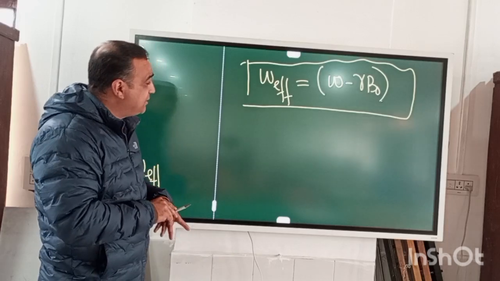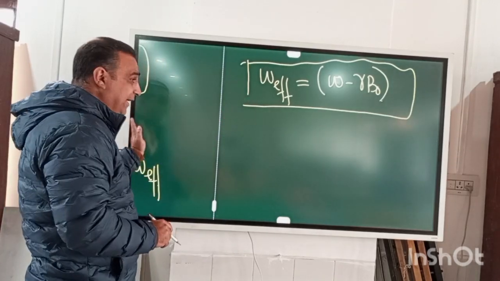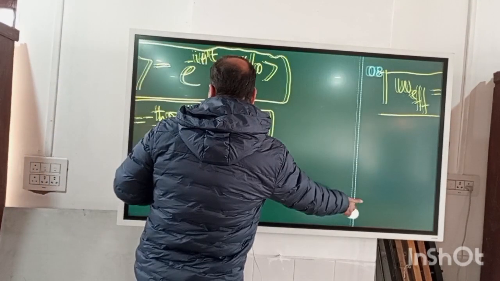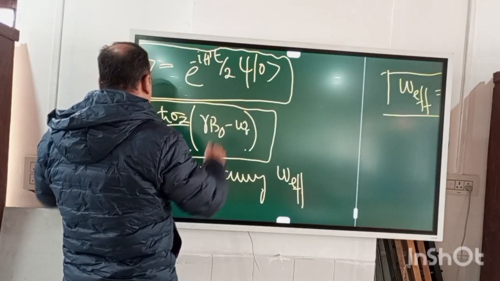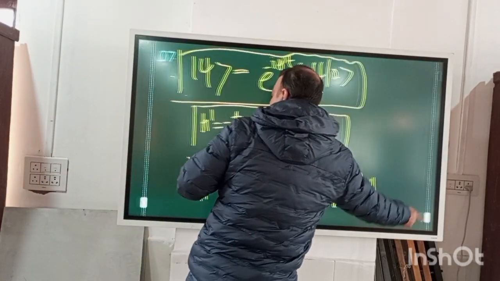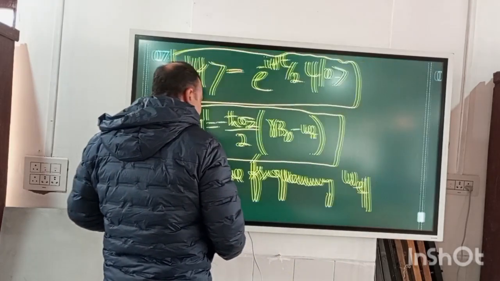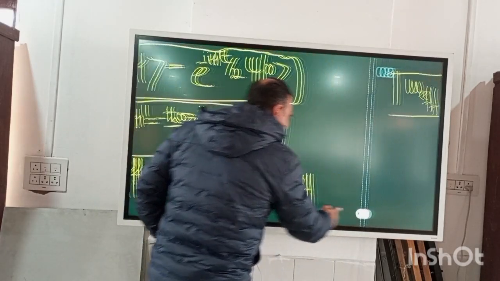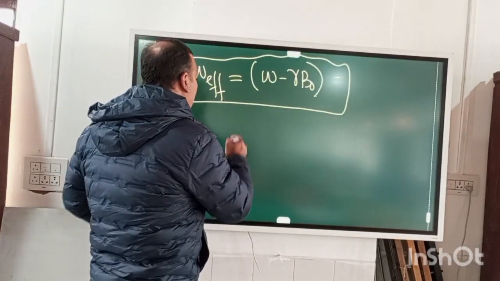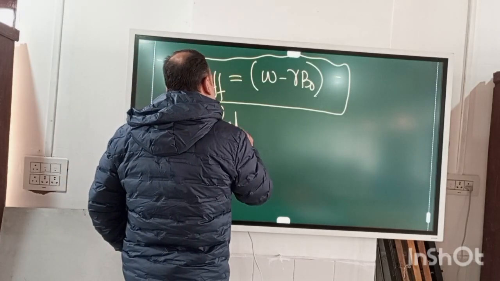And these oscillations, the effective oscillations that we calculate by solving this equation using h dash, are called Rabi oscillations.